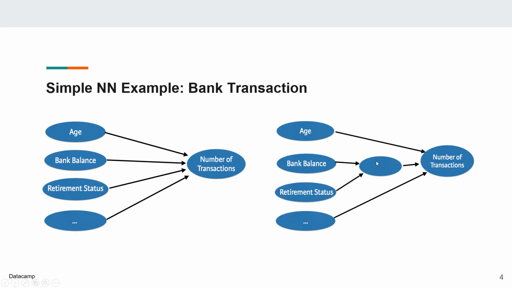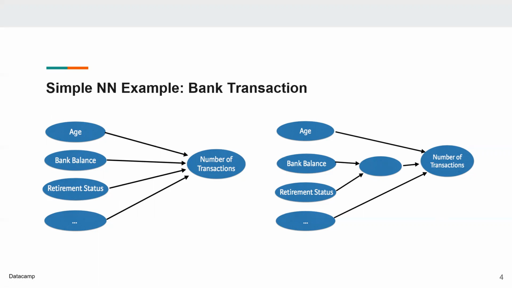And then together with this node, together with the age or some other things, you could predict the number of transactions. So essentially, you can think of this as an interaction term between bank balance and retirement status, and then overall, the results might change.